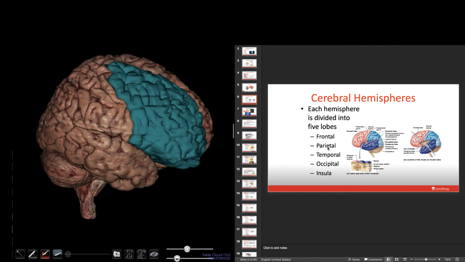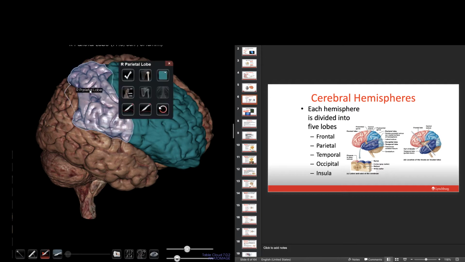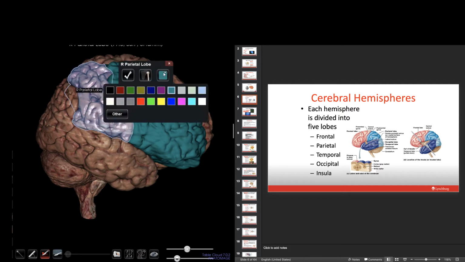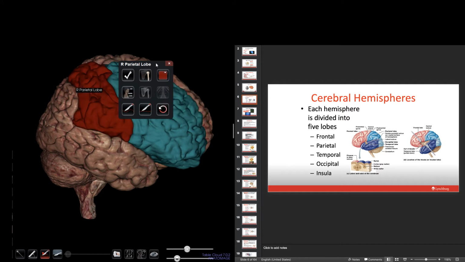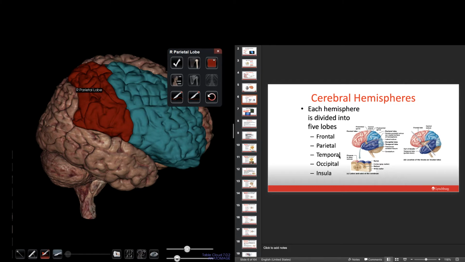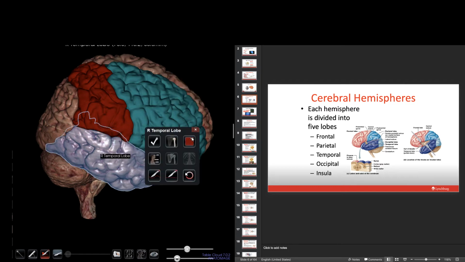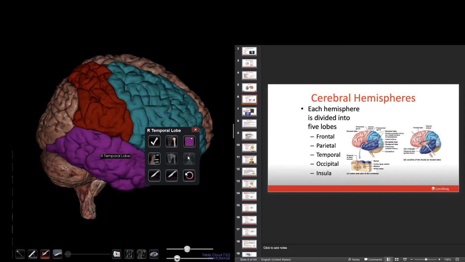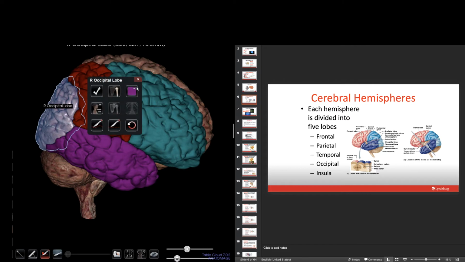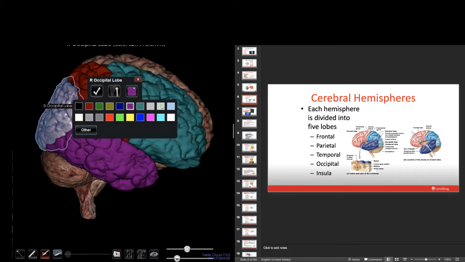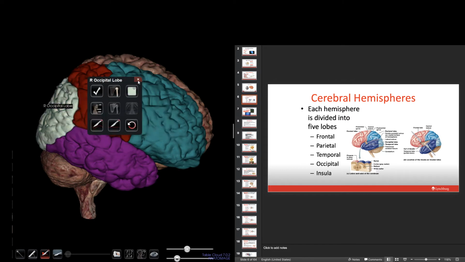We have the parietal lobe, which is going to be just posterior to the frontal lobe, and I'll come in and flat color that as well. We have the temporal lobe, which is going to be on the side. Good. And we have the occipital lobe, which is going to be more posterior in the back of the brain.